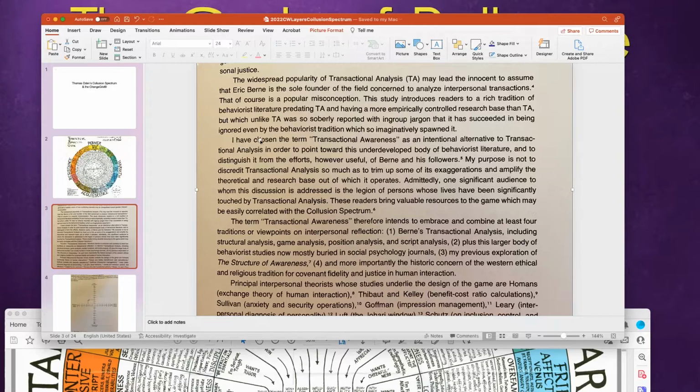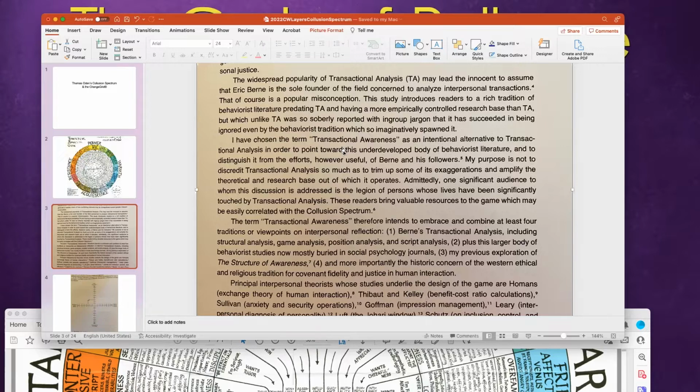So Odin says, I have chosen the term transactional awareness as an intentional alternative to transactional analysis in order to point toward this underdeveloped body of behaviorist literature and to distinguish it from the efforts, however useful, of Berne and his followers.